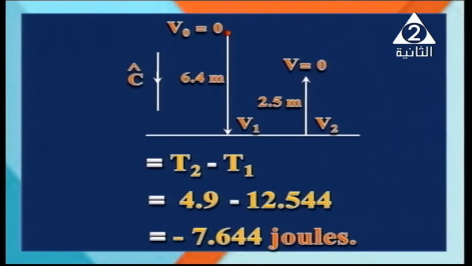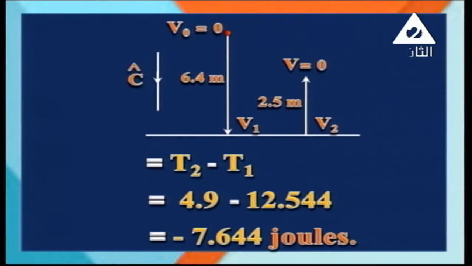If two bodies impact in a collision, there are two kinetic energies. We have the first kinetic energy before impact, and the second kinetic energy after impact. We calculate the change of kinetic energy by using the kinetic energy after impact minus the kinetic energy before impact.